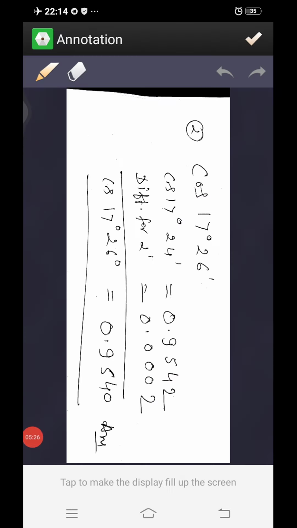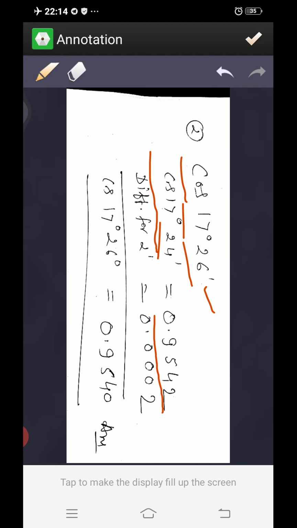Let us take another ratio, that is cos. We have cos 17 degree 26 minutes. 26 minutes, we divide it into parts of 6. 6 fours are 24. We reach just below this, that is 24 minutes. So we get the value of cos 17 degree 24 minute from the table, that is 0.9542.